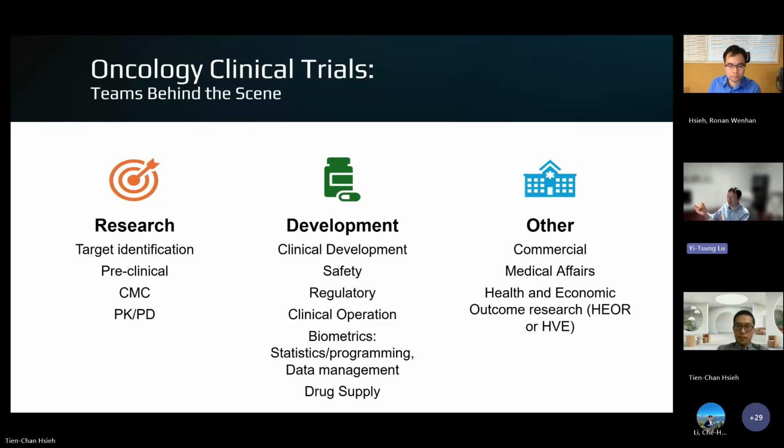And then obviously they also deal with real world evidence, right? Sometimes we collaborate with physicians to collect real world data about the use of specific drugs, sometimes our drug, sometimes our competitor's drug, so that we have a full picture.